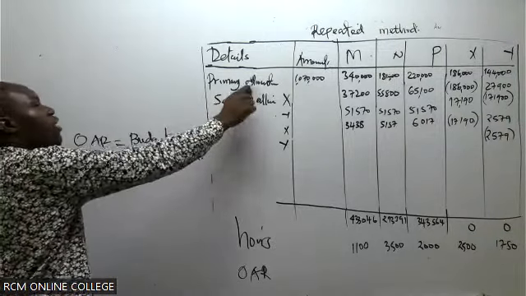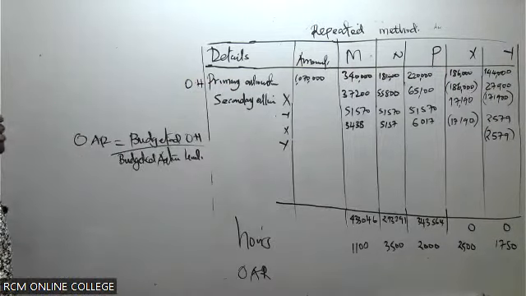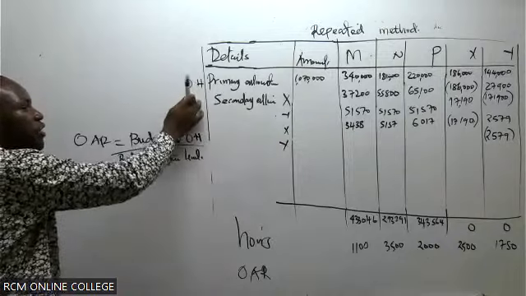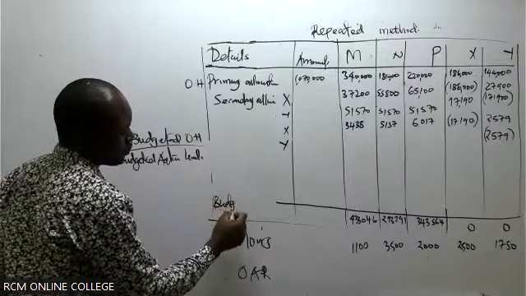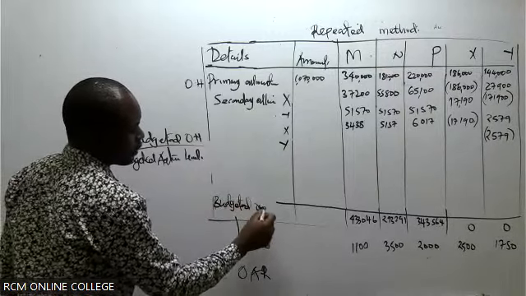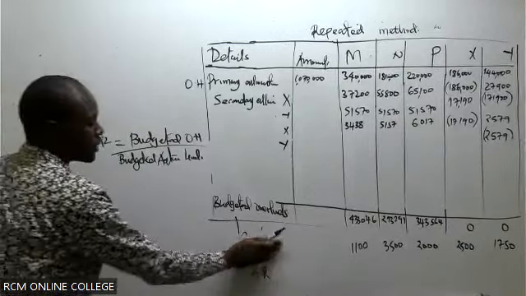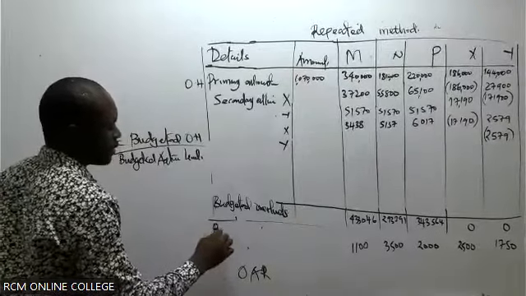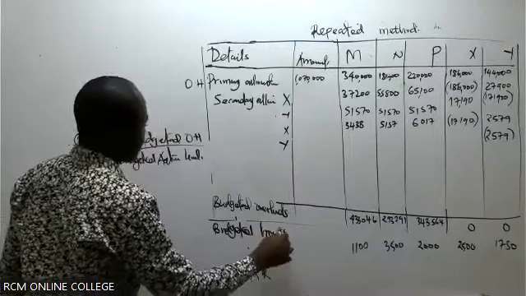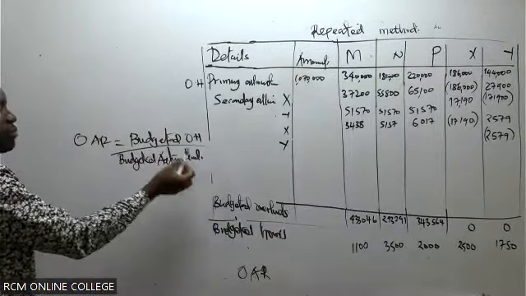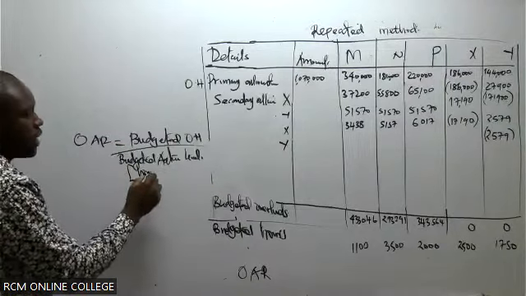These ones here were overheads allocated under primary allocation. Then we've done secondary allocation for the overheads. What we are getting here is what we call budgeted overheads. What we have here, which we have been given in the question, these hours here, is the budgeted hours. So this budgeted activity level, it can be units, it can be hours, it can be number of movements. For our case, it is hours.